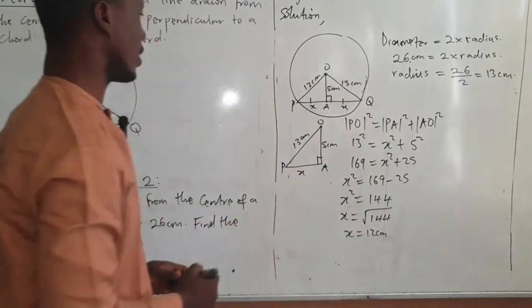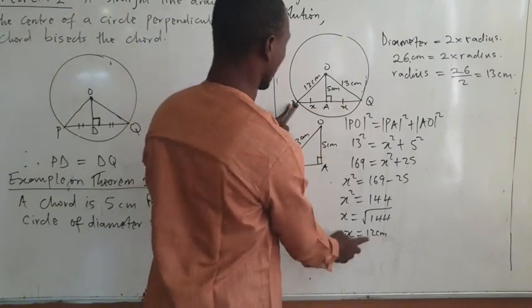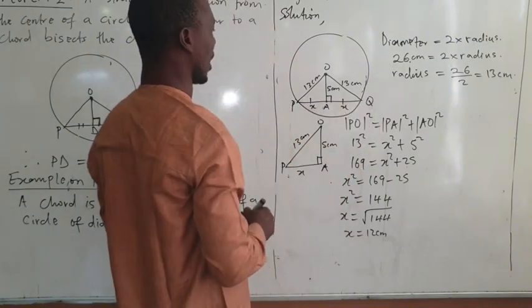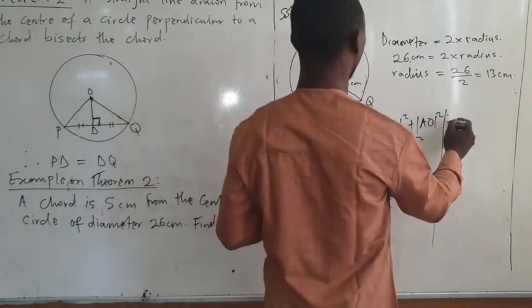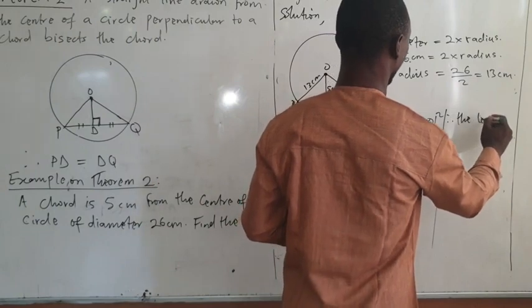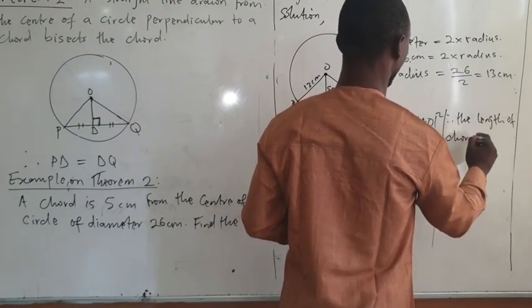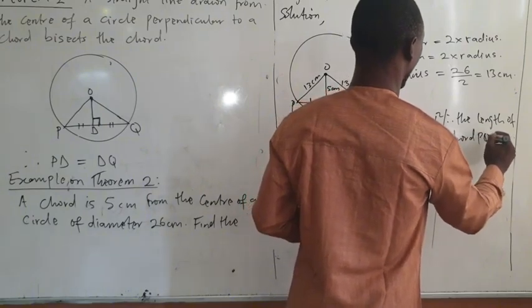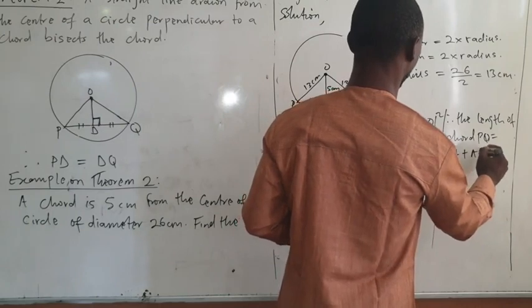So if half of PQ is 12 centimeters, then total PQ will now be what? That is 12 times 2. So the length of the chord, PQ equals PA plus AQ.